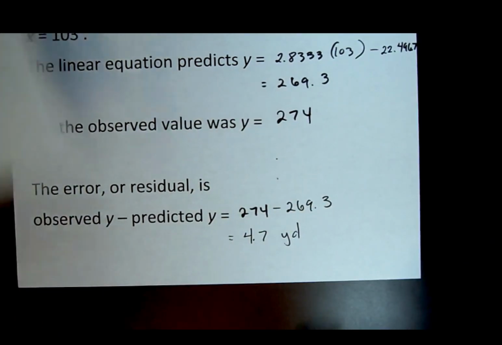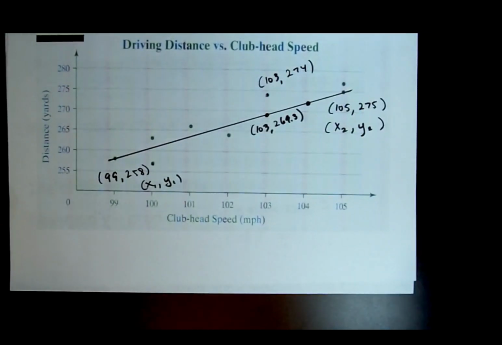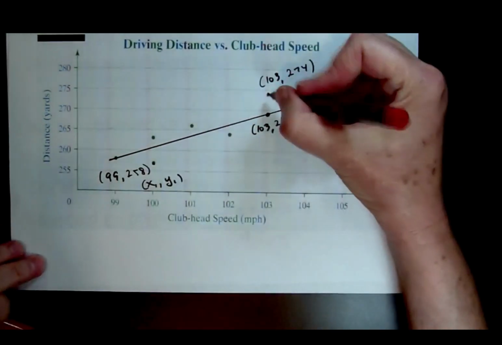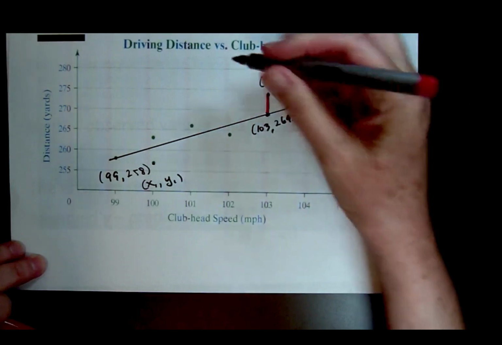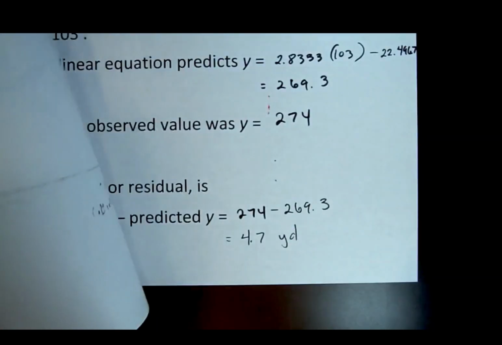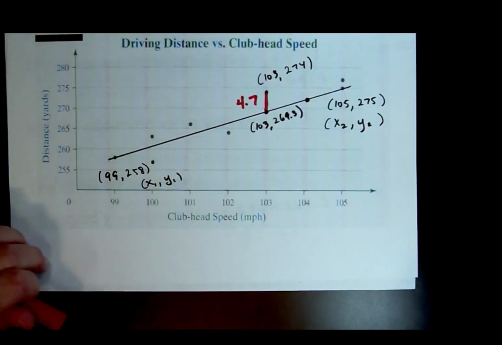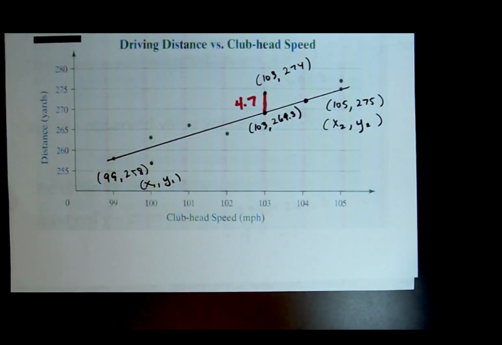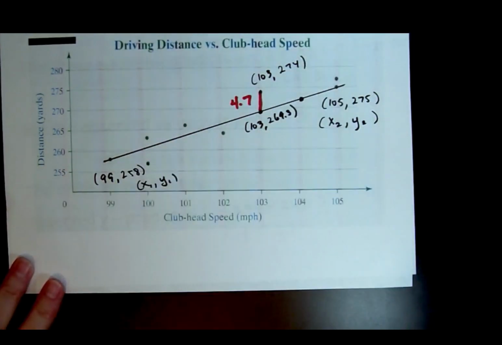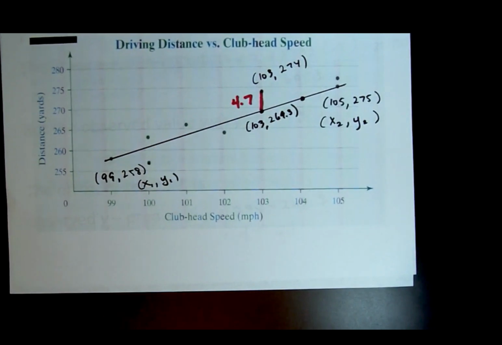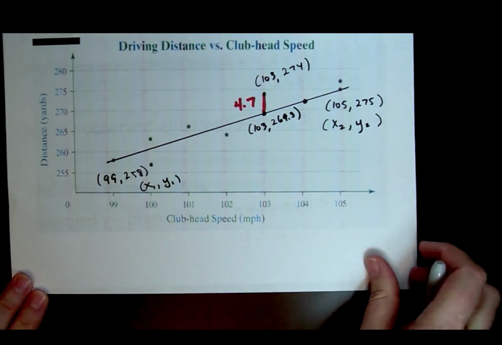So the difference in the y values, in other words the length of that line segment, is 4.7 yards. Again, that's known as a residual. That's the difference between our model, this line, and the observed value. The point I'm making here is that there are errors. There are going to be differences between the model, the linear equation, and the observed value.